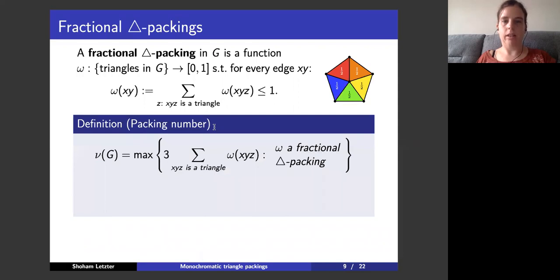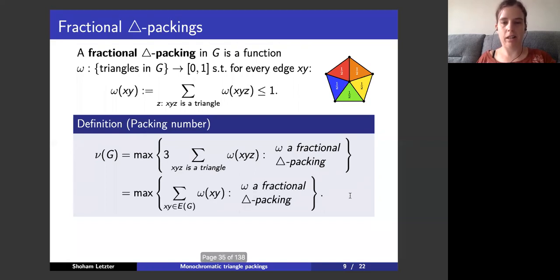And the parameter of interest is this fractional triangle packing number, which I will call, in short, the packing number. So this is the maximum over 3 times the sum of the weights of the triangles over all fractional triangle packings.